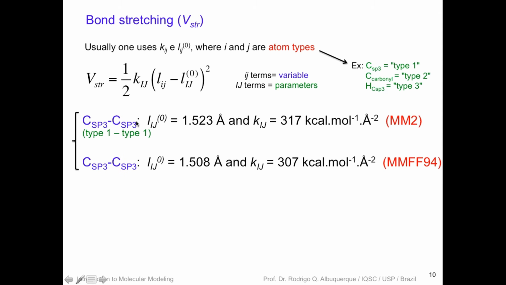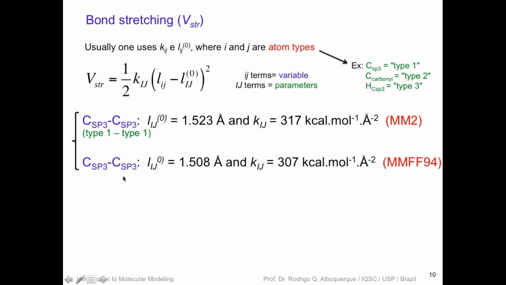For instance, if you have the force field MM2, here are some parameters for the bond stretching of sp3 carbon. The two sp3 carbons would have this reference bond distance of 1.52 angstrom and this force constant. So this would be type 1, or a 1-1 kind of interaction.